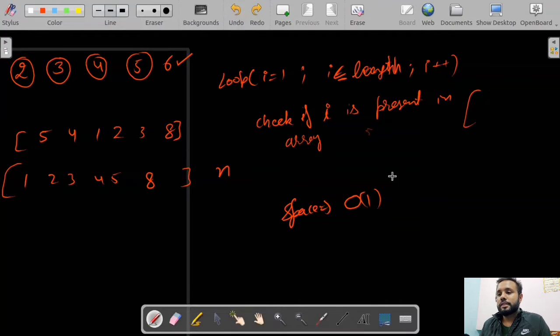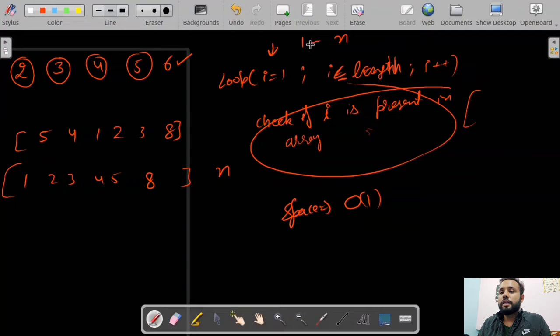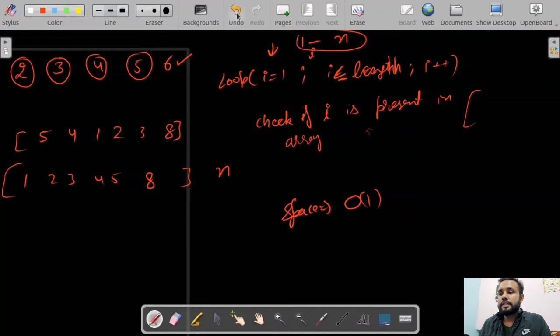Now let's check the time complexity. For every number in this sequence from 1 to n, we are checking this whole array to see if the number i, which ranges from 1 to n, is present in this array or not.